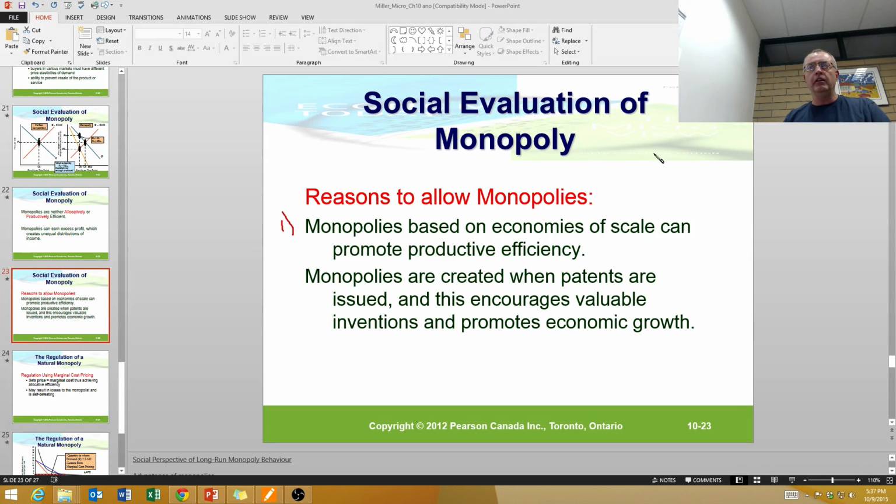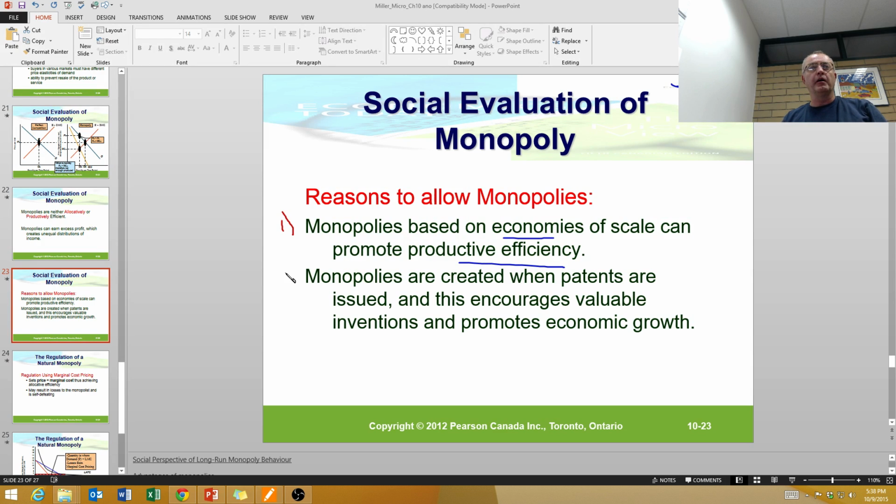So if the industry experiences increasing economies of scale, then there might be productive efficiency to the industry because it'd be more efficient to have one large supplier rather than having many small suppliers. Because if you have many small suppliers, they're going to have higher average total costs.